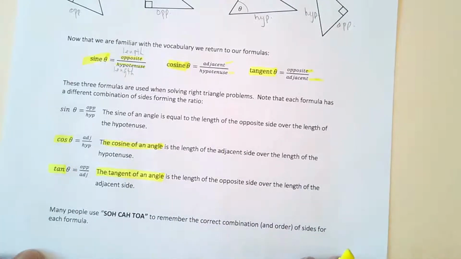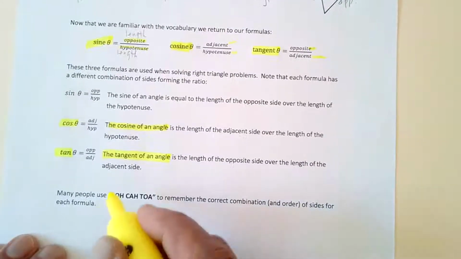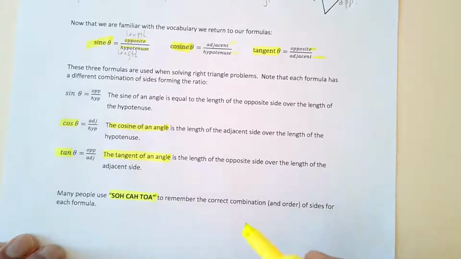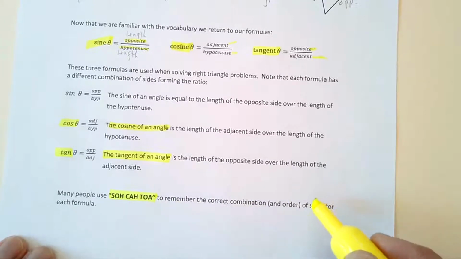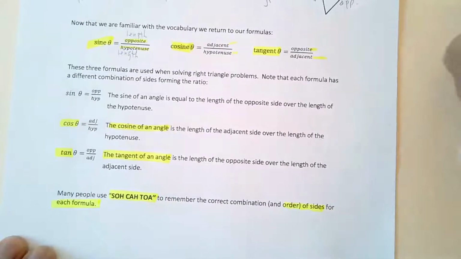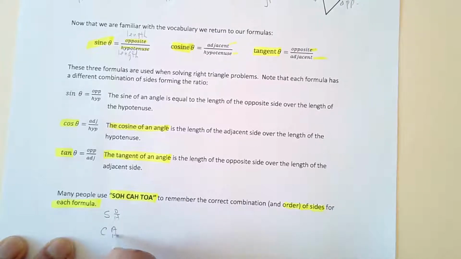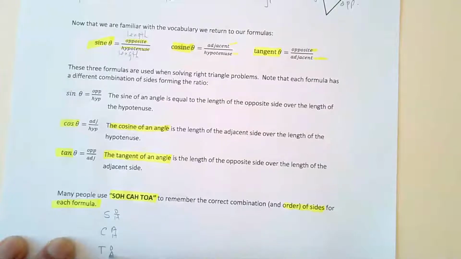Now, many people use the acronym SOHCAHTOA to remember the correct combination and order of the sides for each formula. Also, some people prefer to write it this way. The sine of an angle is opposite over hypotenuse.